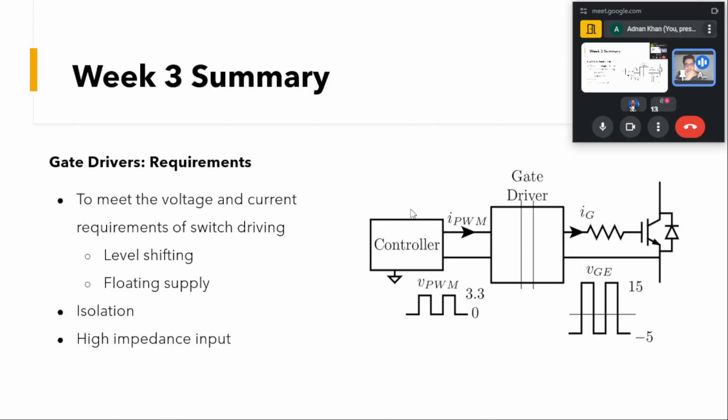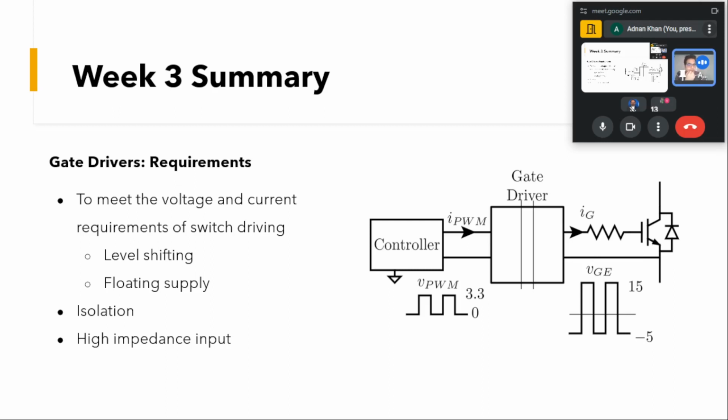The other thing is our gate driver requirement: our gate driver should have an isolation. So why we should have an isolation here is, if you can see here, this is the high power circuitry from here to the device here, and we need some voltage like plus 15 or minus 5 that is being provided by the gate driver in order to turn on this device.